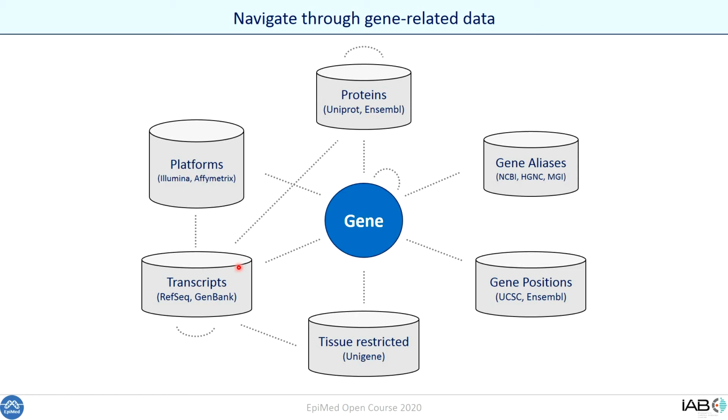And the last problem that we can have is that the identification numbers of genes, proteins, transcripts in different databases are not fixed. They are constantly changing with time. For example, when we have a gene symbol, today we have for one gene a certain gene symbol, tomorrow the same gene will probably be named with another gene symbol.